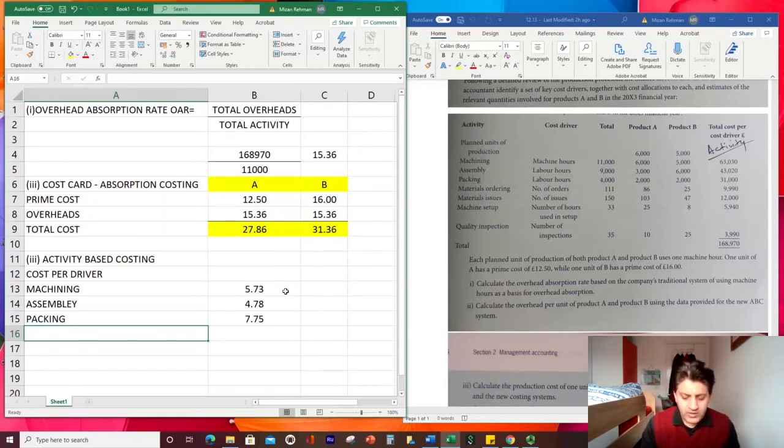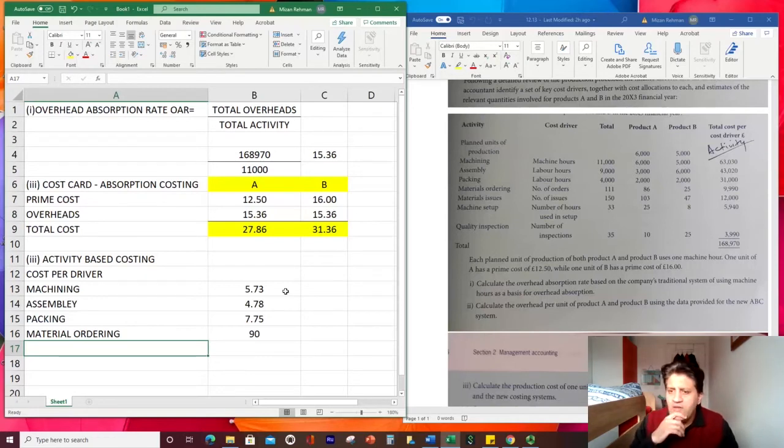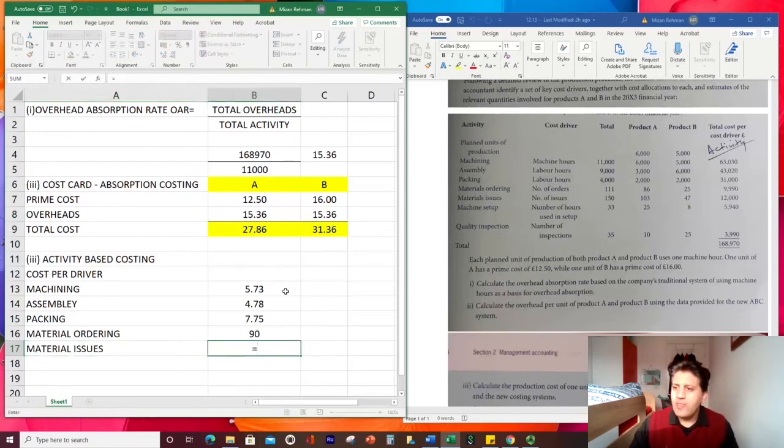We have material ordering. And the total cost is 9,990 divided by the total number of orders, and we get 90. Then we have material issues. The cost is 12,000 in total, and the number of issues were 150.